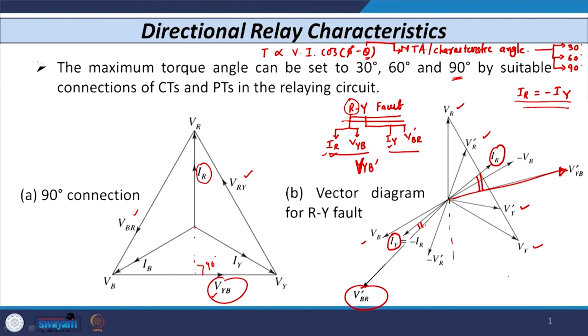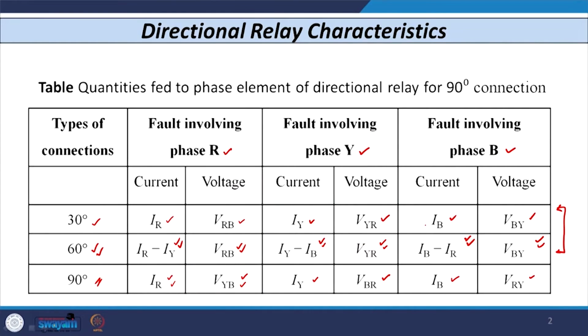So, the torque produced by the relay is very high. So, by utilizing the 90 degree connection and accordingly giving the input to the relay phase wise as in the last row, we can say that the directional relay produces maximum torque and there is no maloperation of relay.